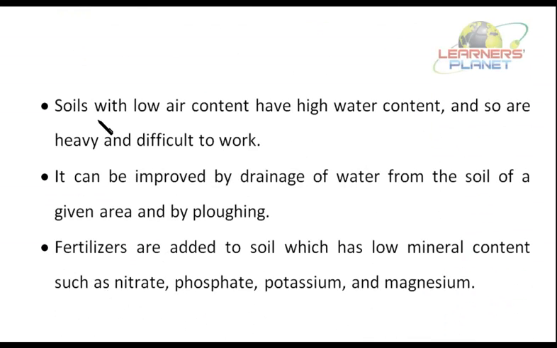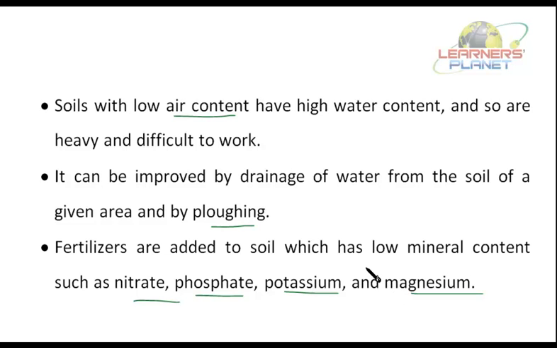So students, soils with low air content have high water content, and so they are very heavy and difficult to work. It can be improved, so this adjustment can also be done. It can be improved by drainage of water from the soil of a given area, and also by plowing. Then we can also add fertilizers to the soil which has low mineral content such as nitrate, phosphate, potassium and magnesium.